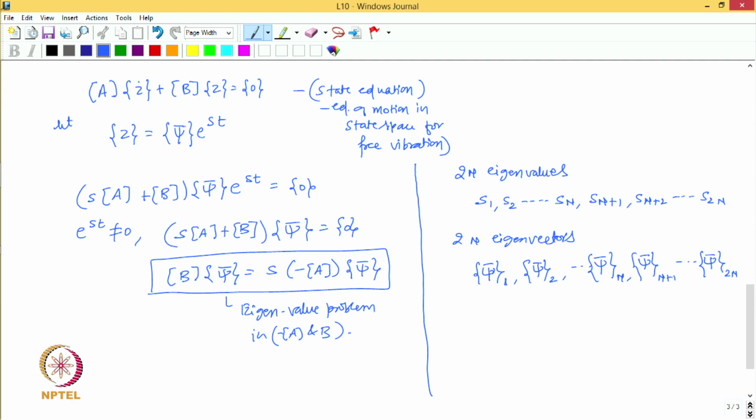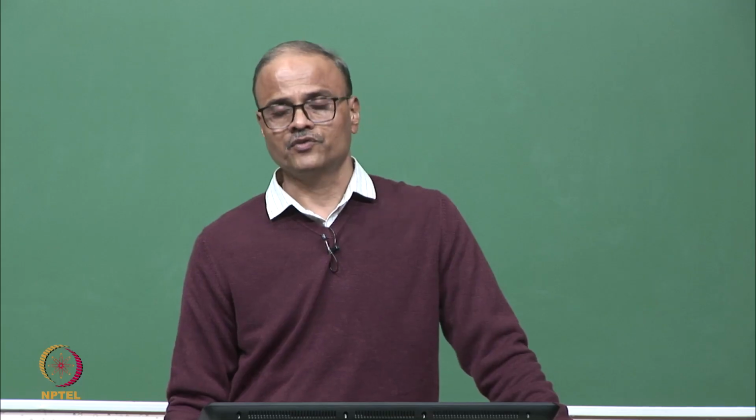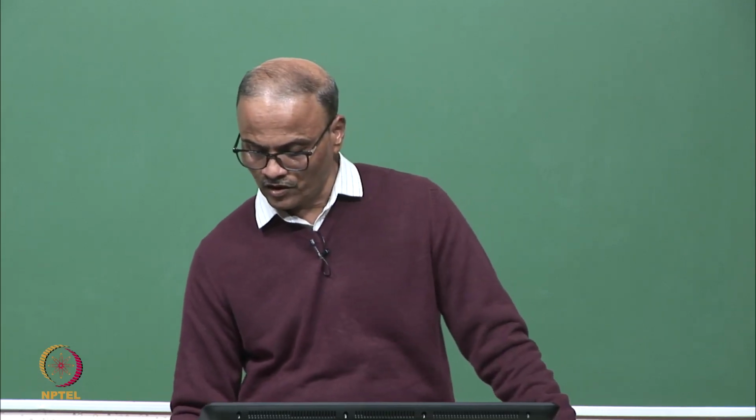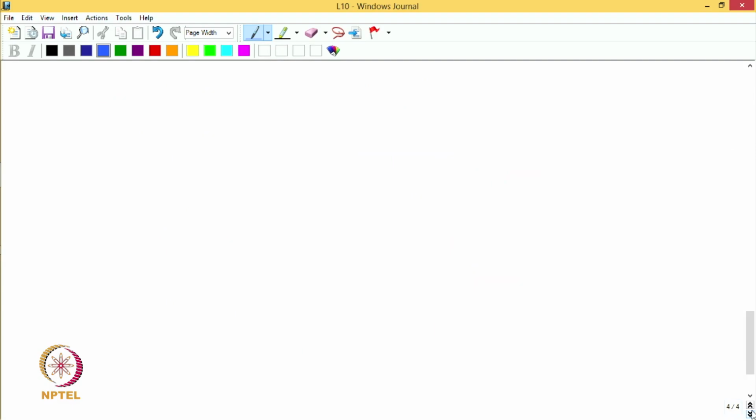Now, these eigenvalues and eigenvectors have a specific structure, they have some specific properties or relationships. Let us look at the nature of these eigenvalues and eigenvectors, right.